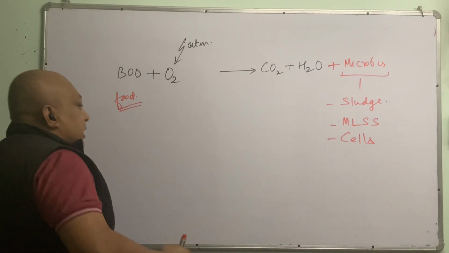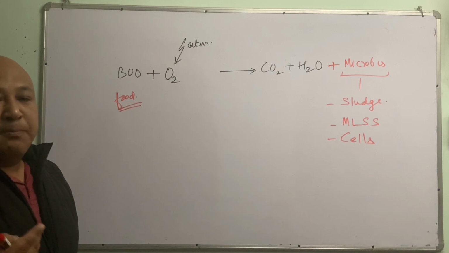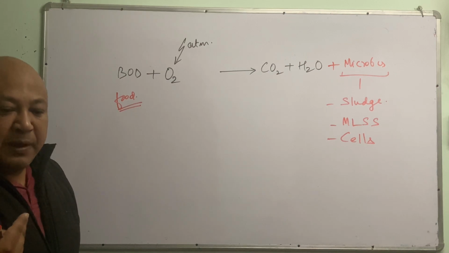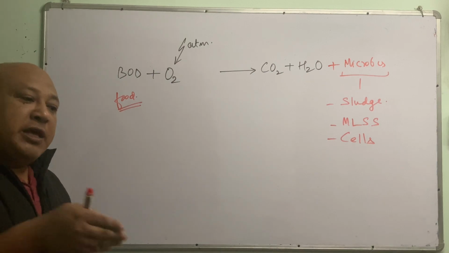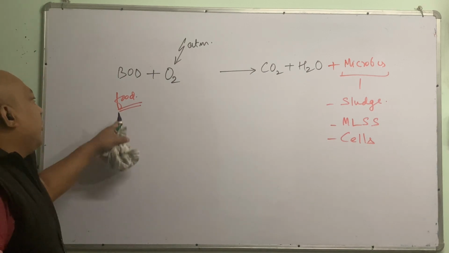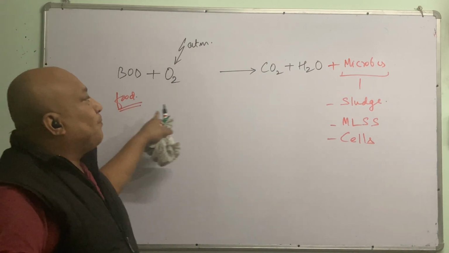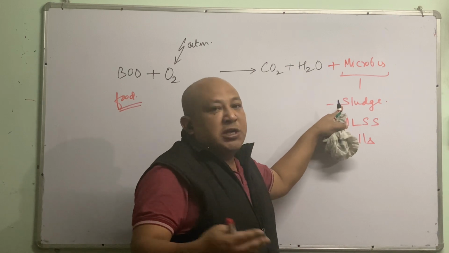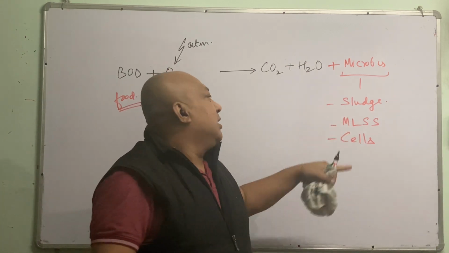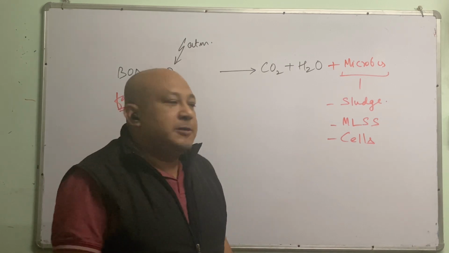So in your drainage, you can see that after some time, some black particles will be there on the periphery of the canals or the drains. Those are the microbes. They eat the organic matter or BOD food in the drains, the sewers, and they reproduce, and then it comes in the form of sludge. Sludge, when we waste it, from the microbiology point of view, we call it cells.